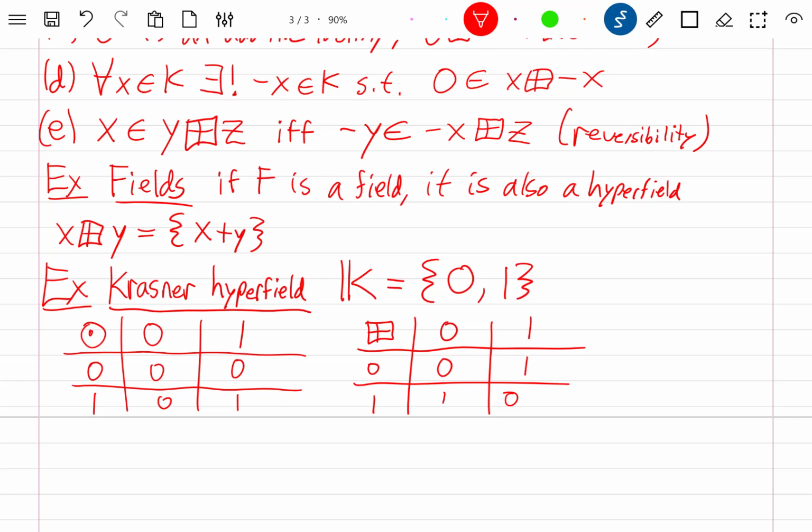However, if I just keep it like this, this is the integers mod 2, so I will say 1 plus 1 is both 0 and 1. And this is the first example of a non-trivial hyperfield. So we now can see what makes a hyperfield different. 1 plus 1 is simultaneously 0 and 1. It is the set 0 and 1. And so this is the first non-trivial example of a hyperfield.